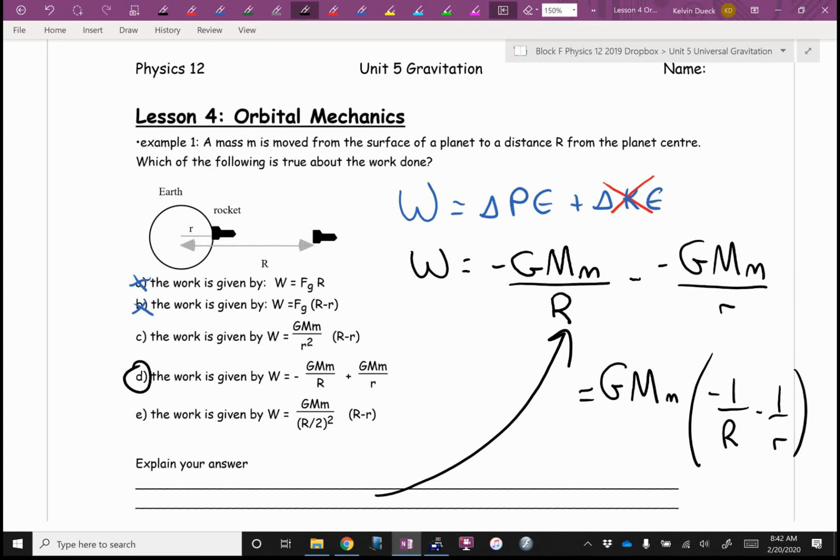I'm not a big fan of writing it this way to get big R or little r by itself if they asked you to find those. This is a yucky equation to work with because not only are they on the bottom, you've got multiple fractions. I'm not a big fan. So you might see it that way, but nah.